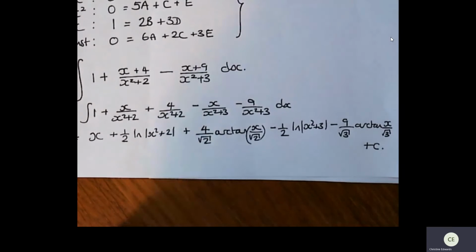And there we have our integration result with partial fractions for a fraction involving quartics.